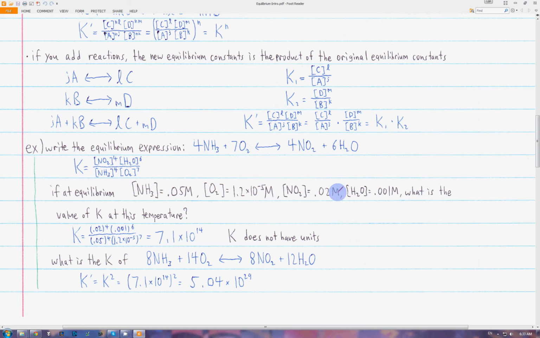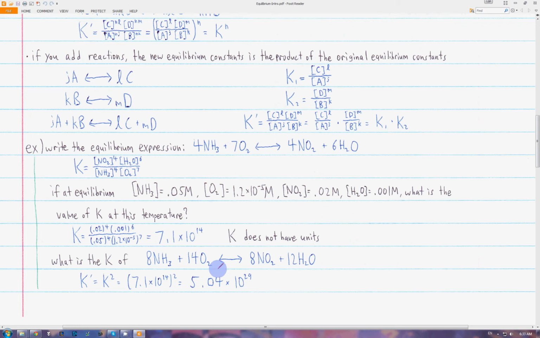So if we have these numbers, then we can calculate the value of the equilibrium constant at this temperature. To do that, we just plug the concentrations into the equilibrium expression, and we get that K is equal to 7.1 times 10 to the 14th. And notice that the equilibrium constant does not have any units.